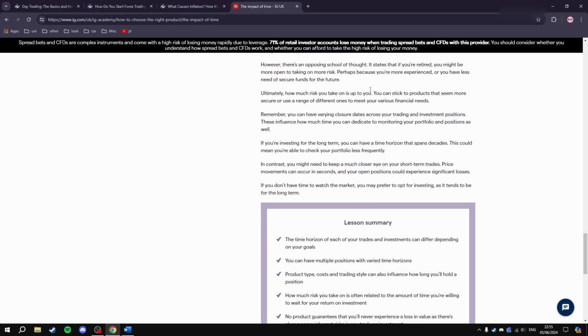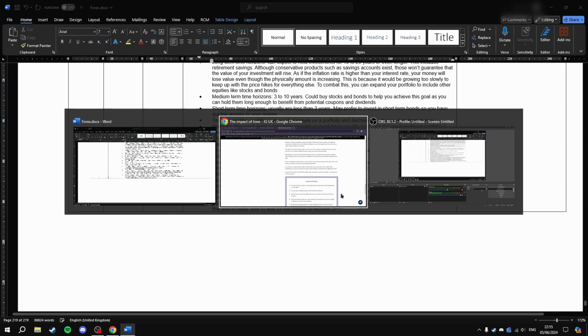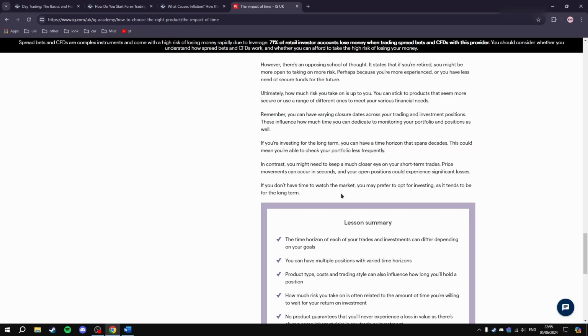However, there's an opposing school of thought. Second, it states that if you're retired, you might be more open to taking on more risk, perhaps because you're more experienced or you have less need of secure funds for the future.